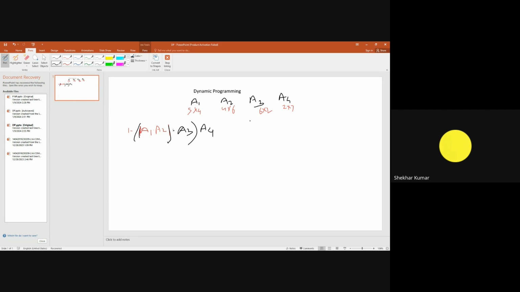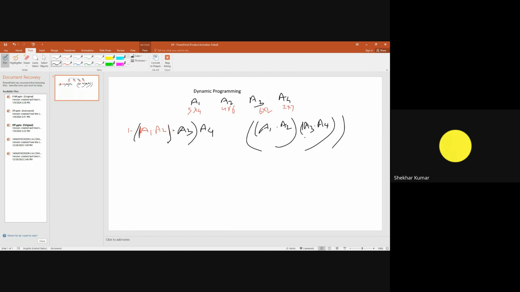Another may be I can multiply A1 and A2 at first, then A3 and A4, and after that the resultant will be like this. There may be any other possible ways, more than 2, more than 3 possible ways to find out the final solution.